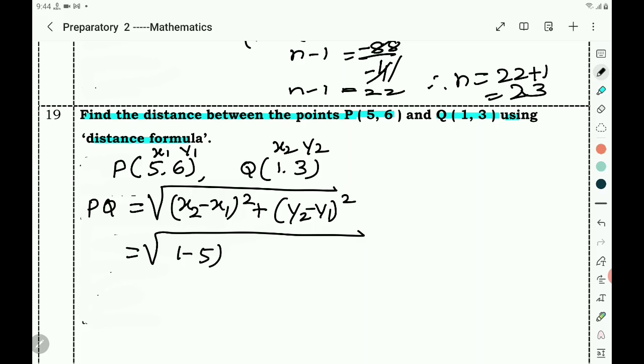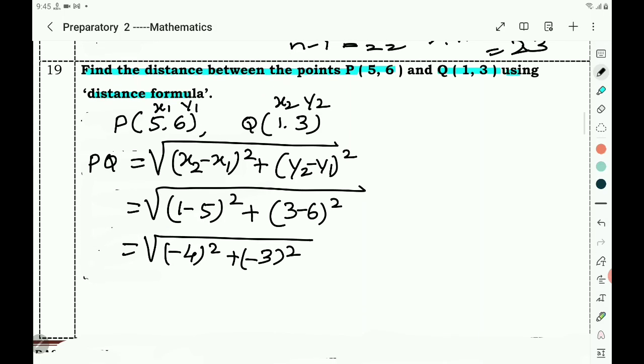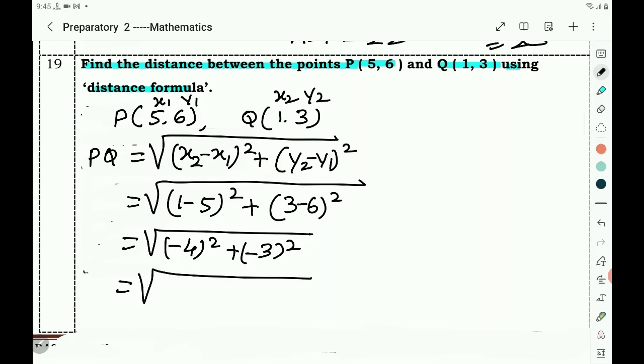1 minus 5 whole square plus y2 minus y1 is 3 minus 6, 3 minus 6 whole square equals. 1 minus 5 is minus 4, whole square, plus 3 minus 6 is minus 3 whole square, equals root of minus 4 whole square, which is minus 4 into minus 4, equals 16, plus minus 3 whole square is minus 3 into minus 3, which is 9.